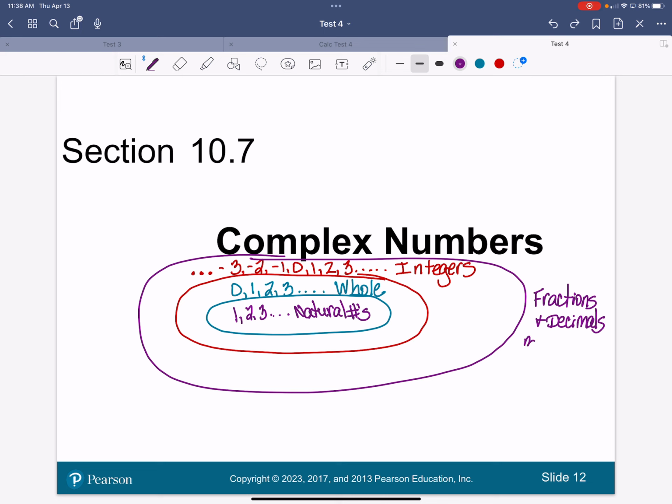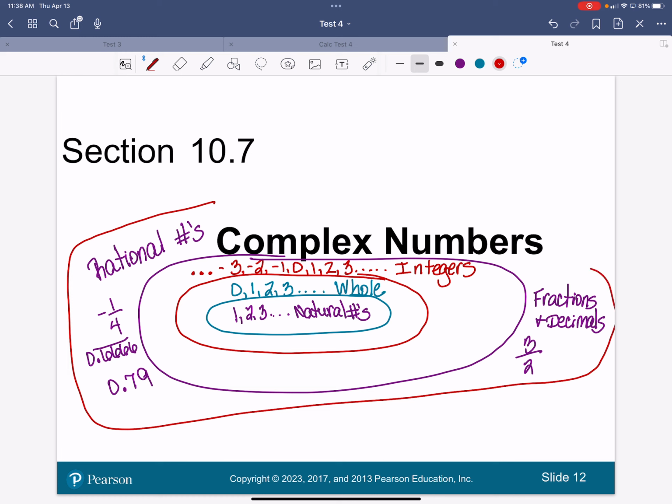So it might be 3/2. It could be -1/4. It's going to be all of your repeating decimals and all of your terminating decimals. Okay, that just means they repeat or they stop. All of these are called rational numbers. And that is where you have spent most of your mathematical life, in the set of numbers considered rational numbers.